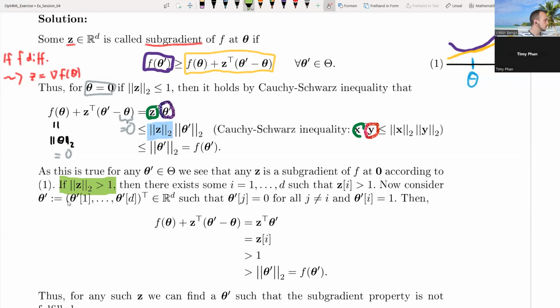So we can look at a specific theta prime, the one where all components are 0 except the one where z is greater than 1. But this is not true.